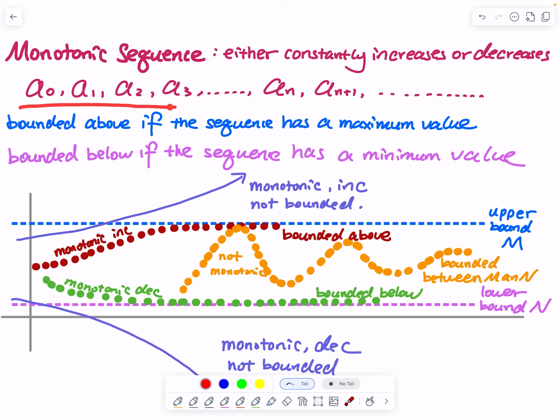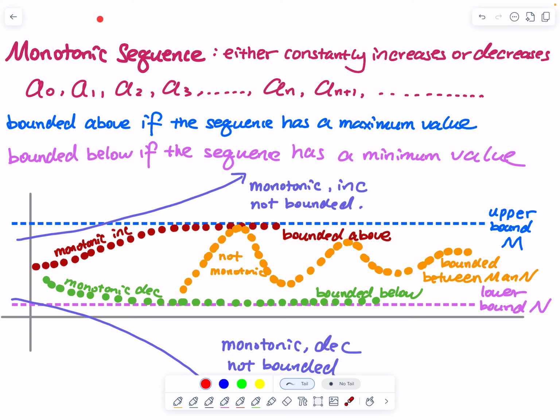I have a sequence right there, A0, A1, all the way to A_{n+1}, and then keep on going. I am saying that this sequence is bounded above if the sequence has a maximum value. So bounded above, let's use an increasing sequence.